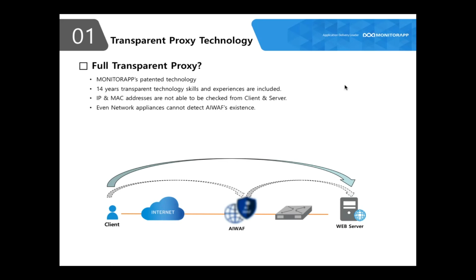But you may be confused: how is it possible to have no IP address or MAC address in a network system? But actually we can. With our patented technology, we can disguise the IP and MAC addresses, and also you don't have to write the MAC addresses in the network diagram configuration of Monitorapp's product.